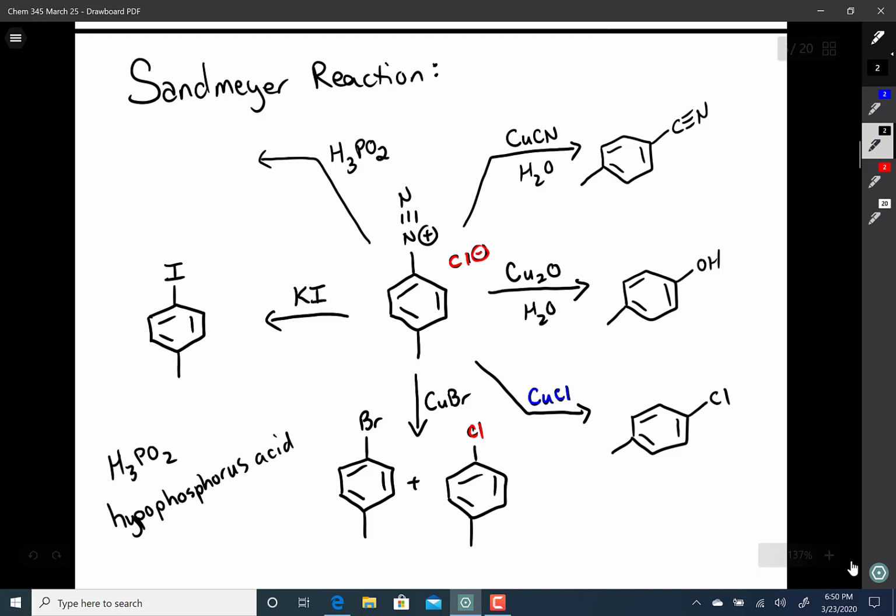And hypophosphorus acid is actually a reducing agent. What it does is it will replace the diazonium with a hydrogen.